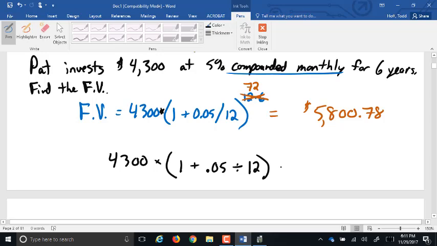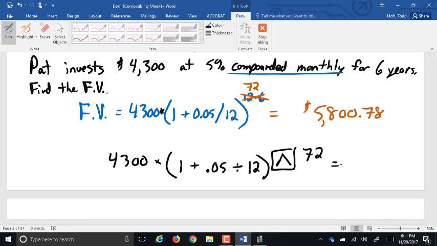Now you've got to hit that caret key. It looks like this. It's on the left side of your screen, about halfway down, I believe. And then 72. Did it work that time? Okay. Yeah, the big mistake a lot of people make is they try to hit the X squared key and then 72. And that won't do it.